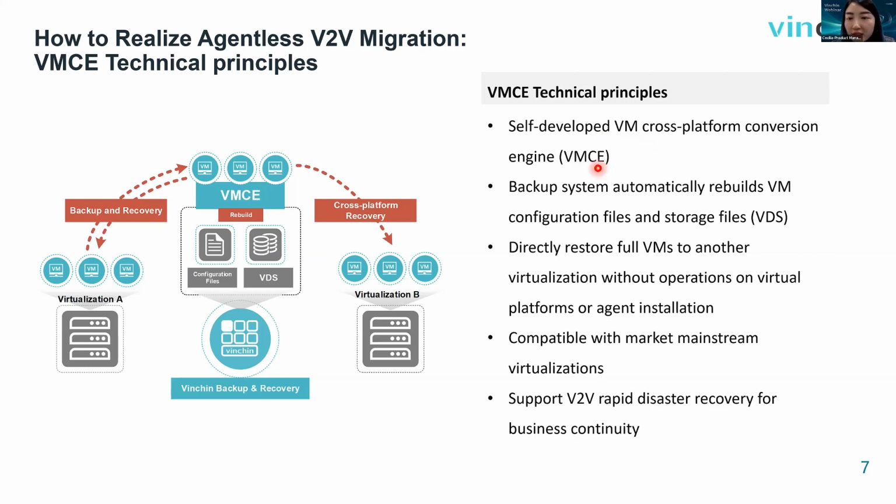The basic principle is that before migrating to the new platform, Vinchin Backup System will automatically rebuild and transform the VM configuration files and storage files to adjust to the targeted virtualization, then complete the whole data migration process. It is compatible with all Vinchin-supported virtualizations, as I mentioned before, which are about 15 market mainstream platforms.